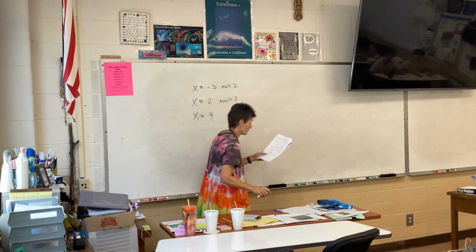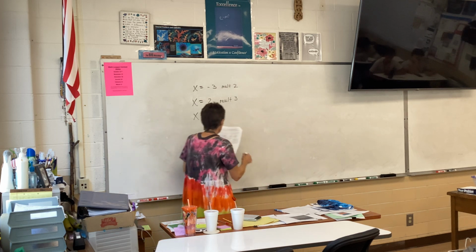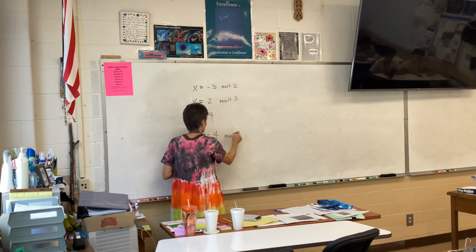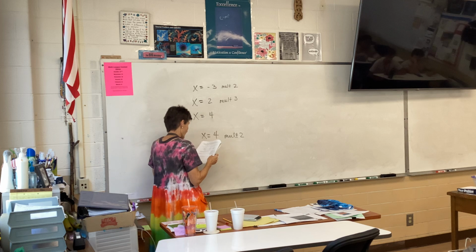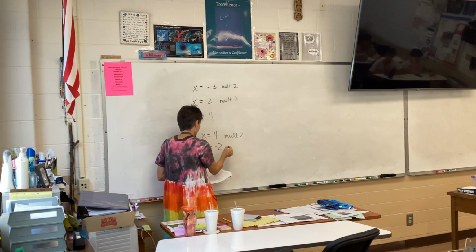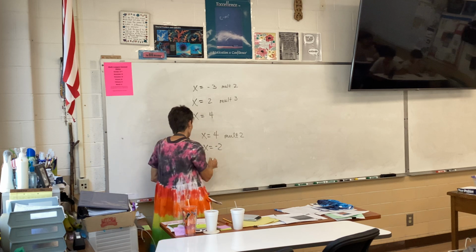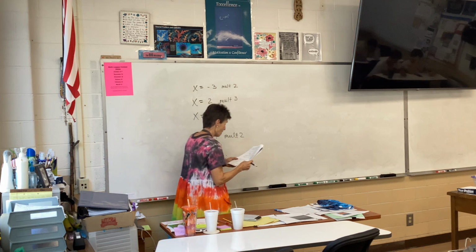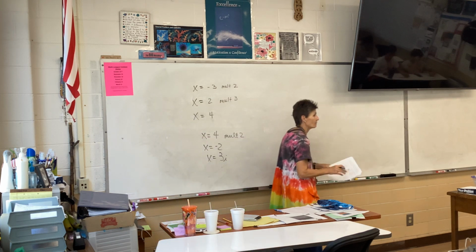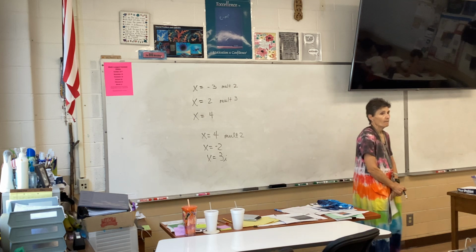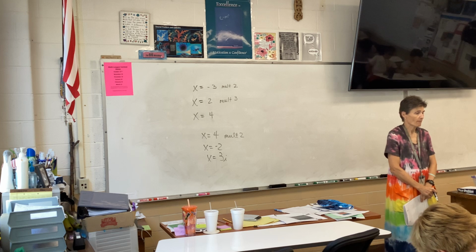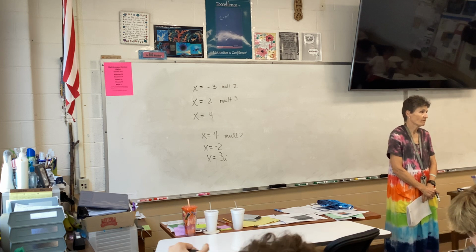Number 2, a polynomial has zeros of 4, and that has multiplicity 2, negative 2, and 3i. What is the minimum degree of the polynomial? 5.